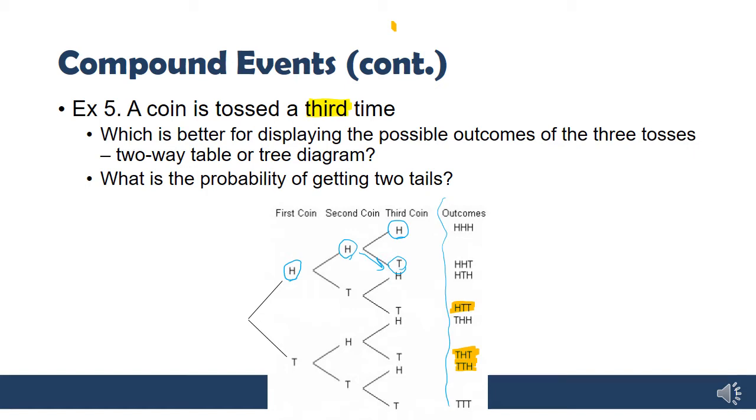So the probability of 2 tails, we're going to say is 3 out of a whole possible, how many are in the sample space? 1, 2, 3, 4, 5, 6, 7, 8. So my probability is 3 out of 8.